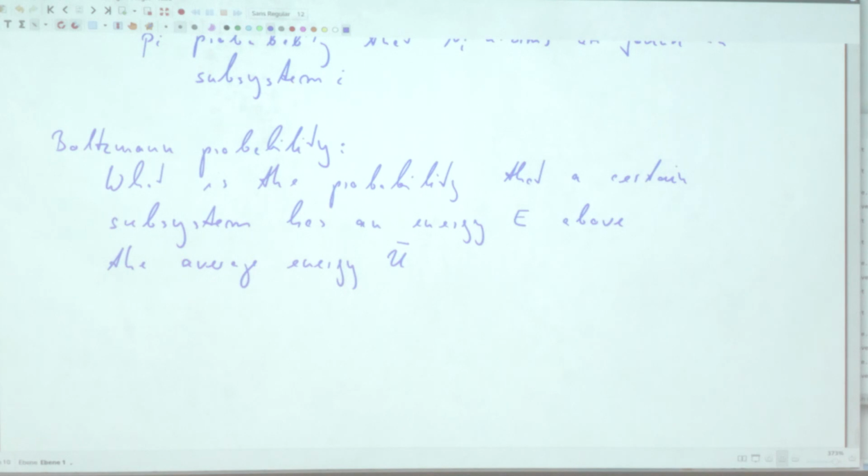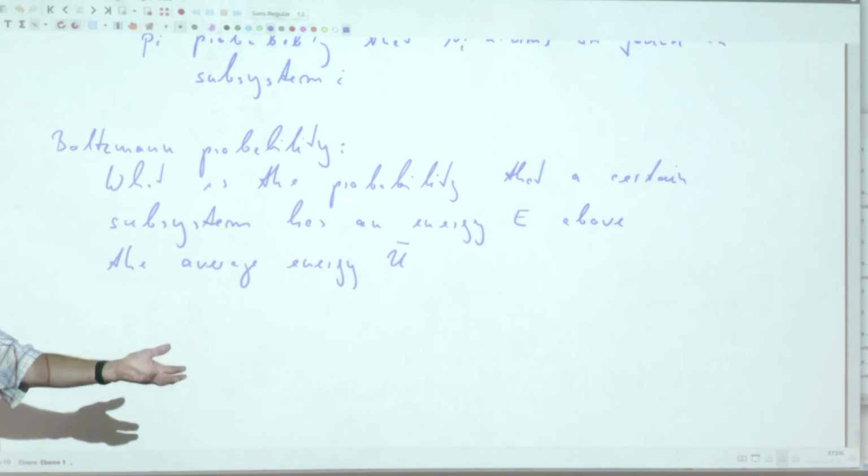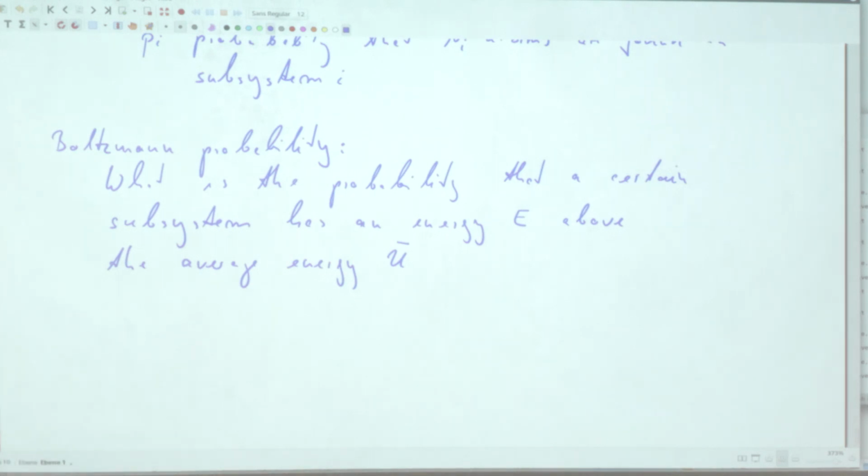And that's what is behind all these considerations of fluctuations and so on. And it's also more or less behind this probability to find a vacancy. What's the probability that one atom just leaves the crystal spontaneously, so to say, so that we obtain a vacancy?